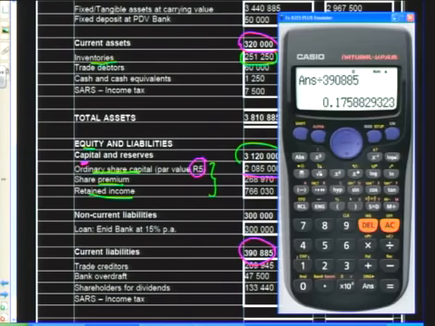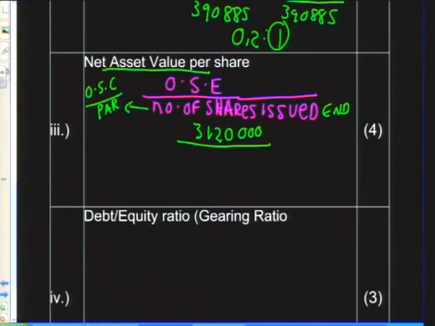So let's do that. Okay, so we've got 2,085,000. I'm going to divide this by 5 rand to get number of shares that are issued, 417,000. So let's take that through.